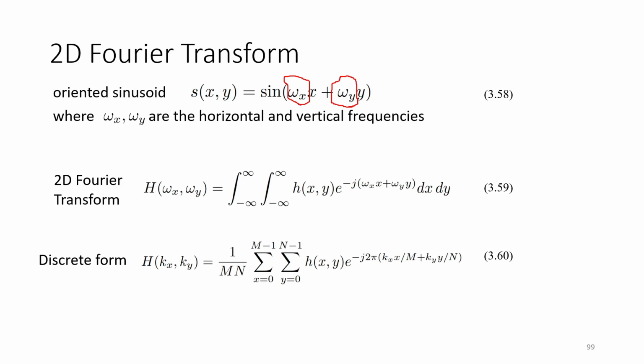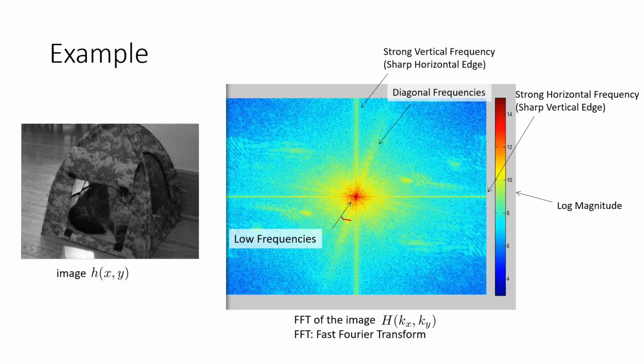It is on the order of n squared. The fast Fourier transform will reduce the computational order to n times log 2 n. So when n is large, the reduced computation will be significant.